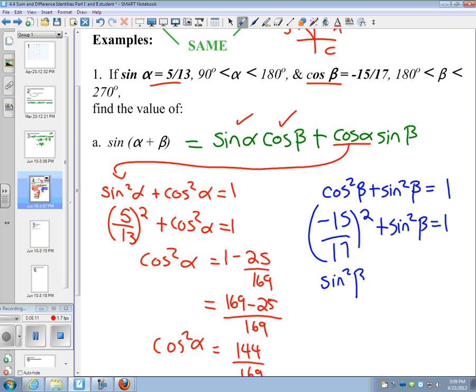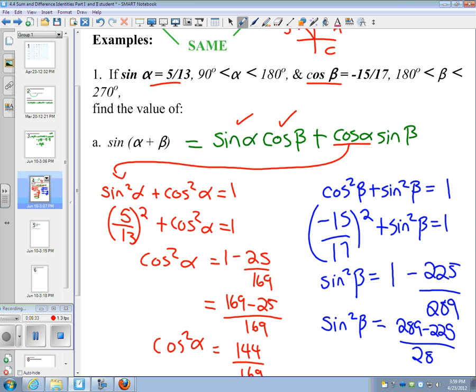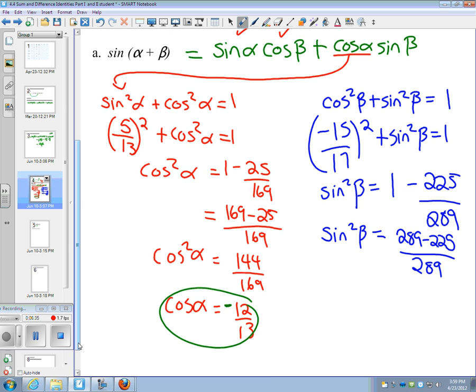Sine squared beta is equal to 1 minus 15 squared, which is 225, over 17 squared, which is 289. Sine squared beta is equal to 289 minus 225 over 289. Okay, sine squared beta is equal to 64/289. Square rooting both sides, I get sine of beta is equal to 8/17.